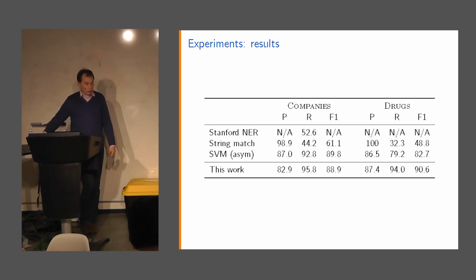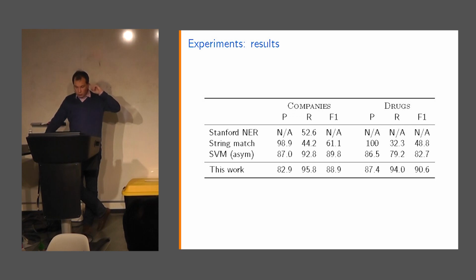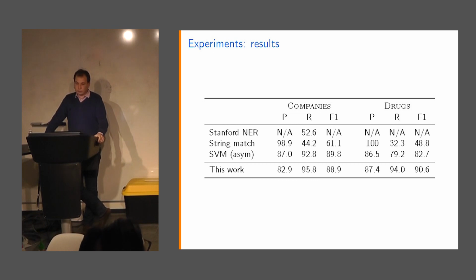And so here are the results. The first one, the Stanford NER, is a state-of-the-art named entity recognizer system that was trained on the general domain. And what we see is the recall for that system is very low on this data set, because, for example, Aspen will always be classified as a location, or Merck is often classified as a person, and things like that.